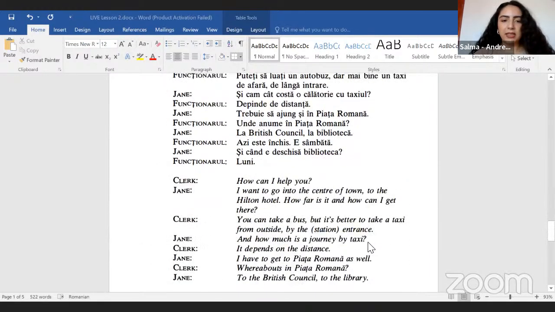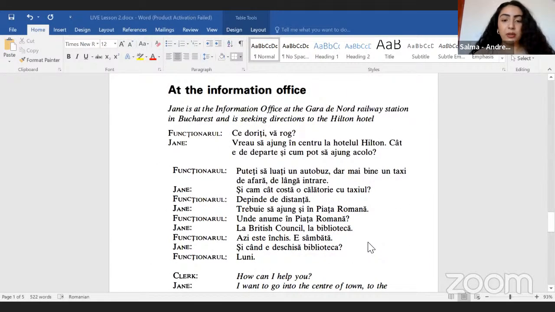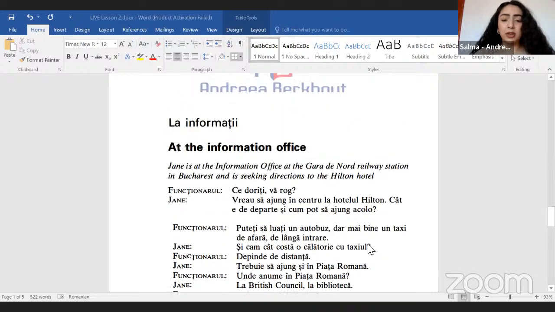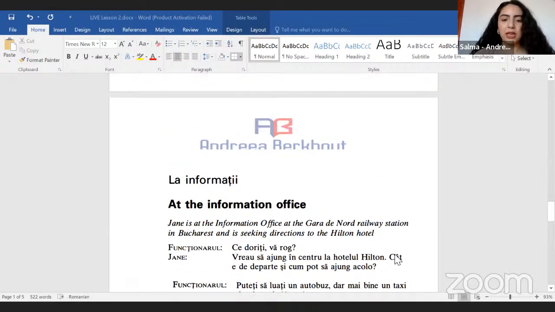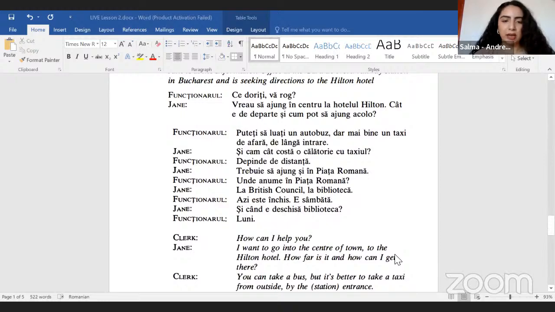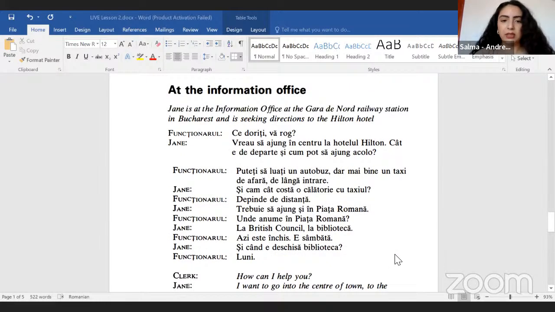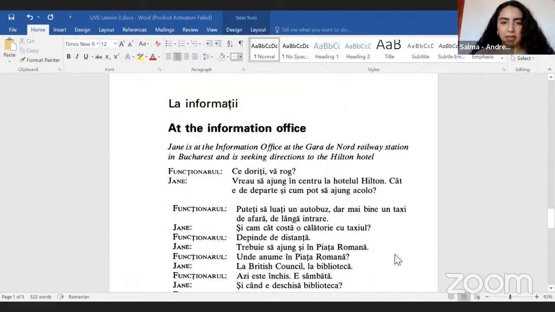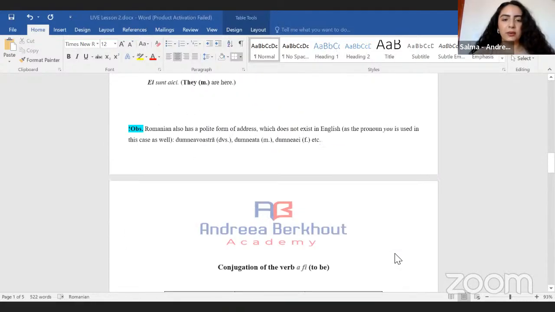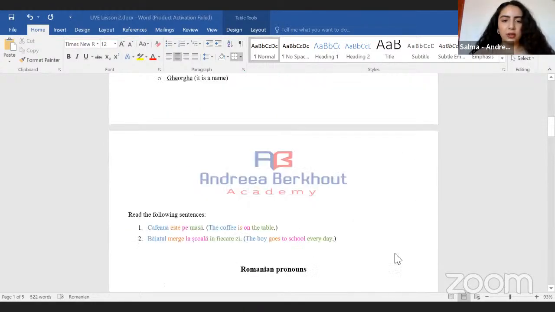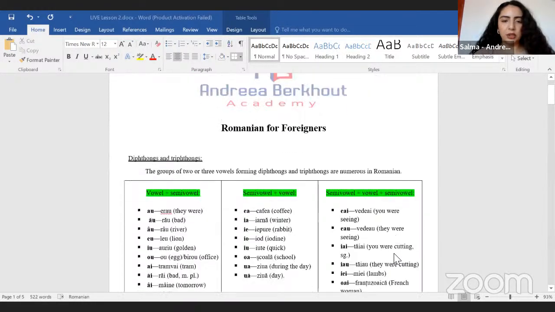And then at the end, we will practice our reading because it is very important to do that as much as possible in order to get used to the language and to the diacritical marks because these are specific to Romanian. Okay, so let's go to the beginning and let's start.